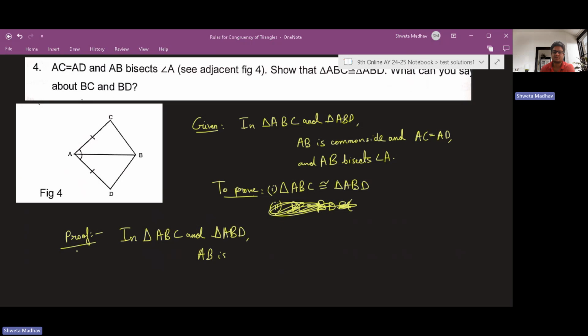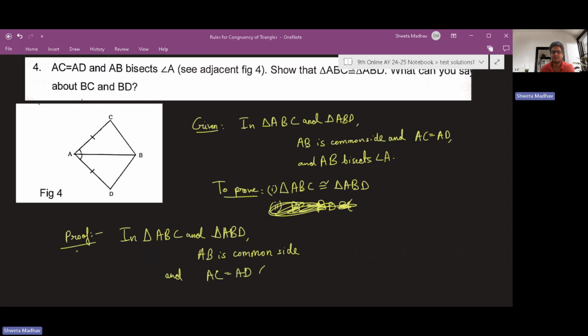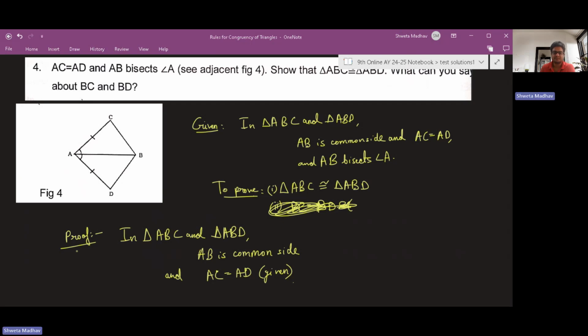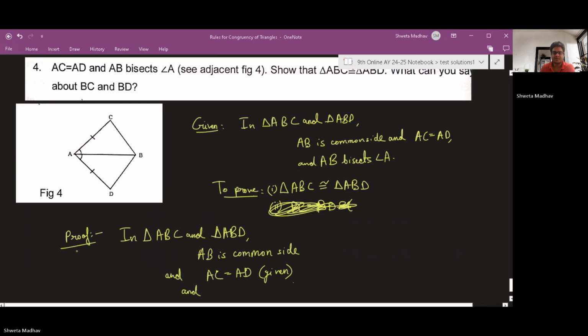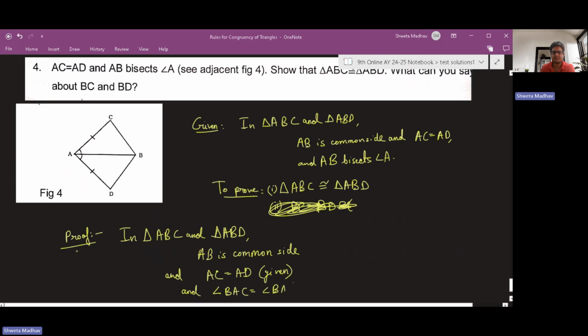Okay, so in the proof, in triangle ABC and triangle ABD, AB is the common side, so AB will be equal in both the triangles, and AC equals AD, which is given. And angle BAC will be equal to angle BAD.